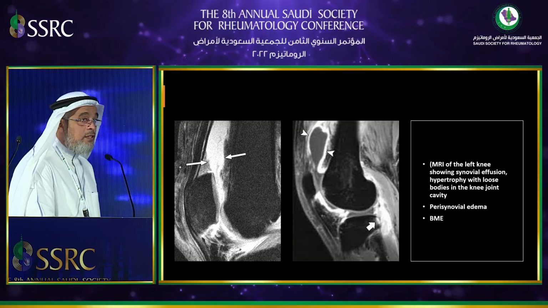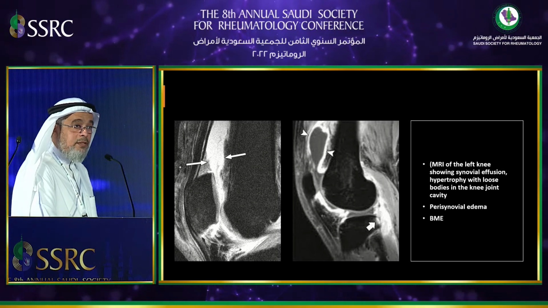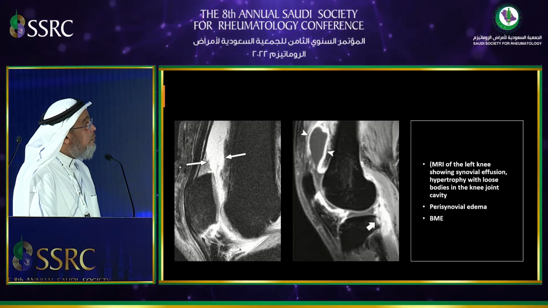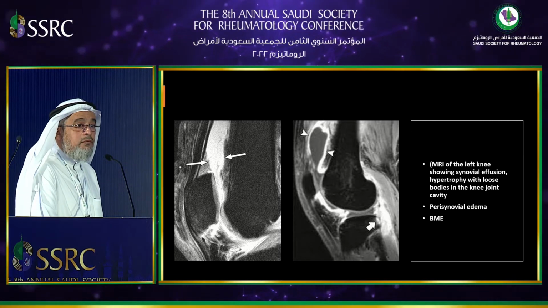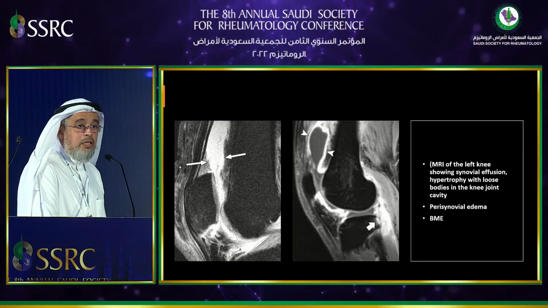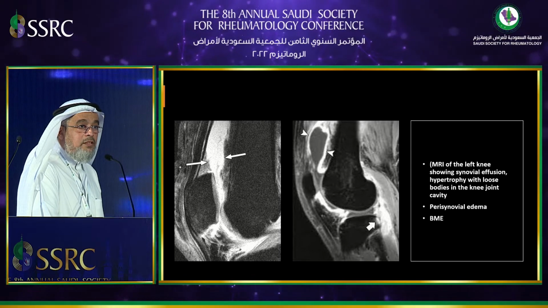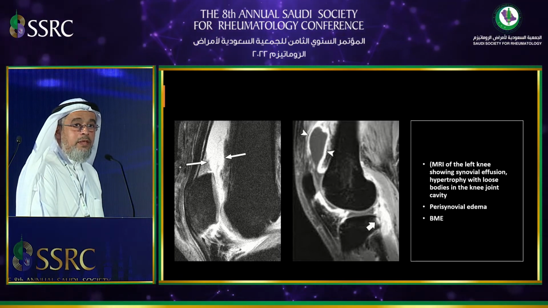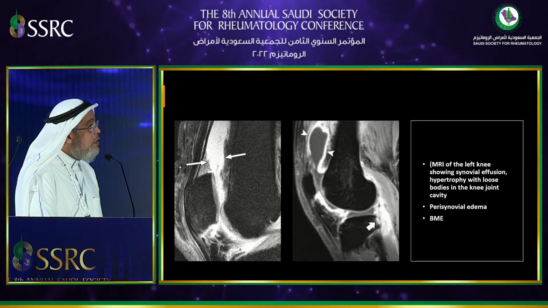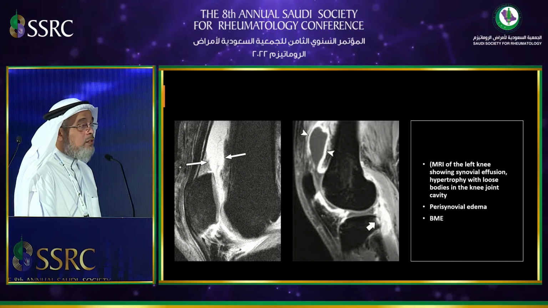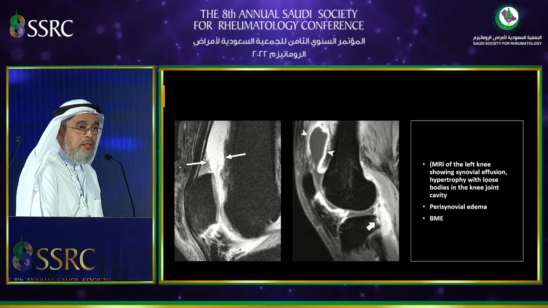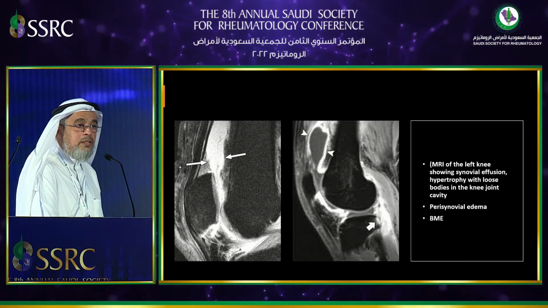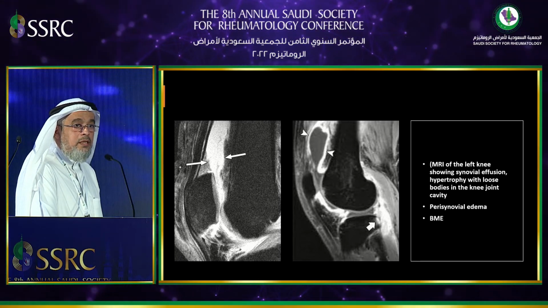If you have a case of septic arthritis, you should have peri-synovial soft tissue edema and reaction. This goes more with septic arthritis. If you see areas of bone marrow edema and enhancement, this is septic arthritis unless proved otherwise.